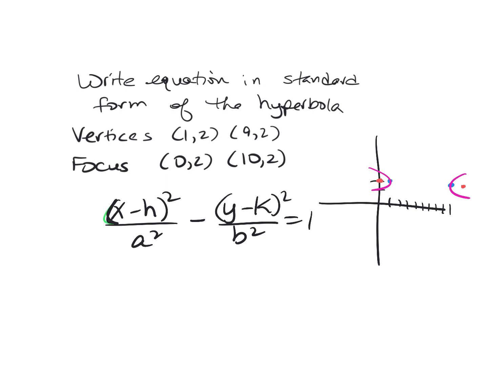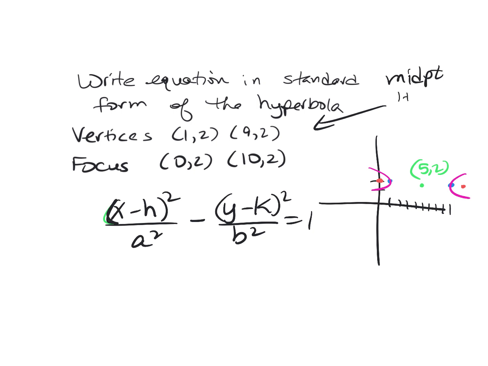So in order to calculate the center point here, if you've graphed it, you could just count the squares, and you can see that it's 1, 2, 3, 4. It's going to be at 5, 2. Another way to do it is to calculate the midpoint of those two ordered pairs.